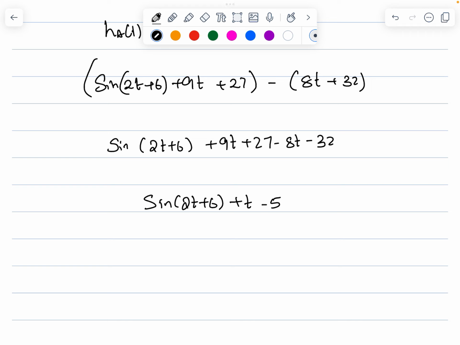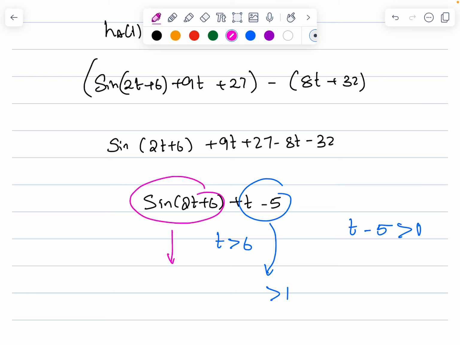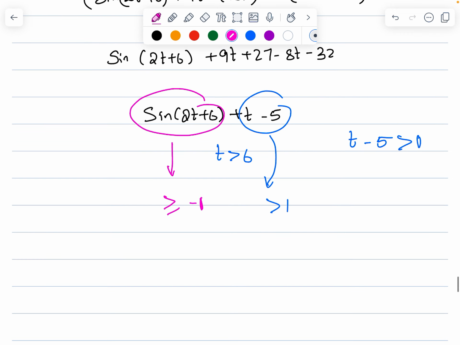Now, we know that t is greater than 6. If t is greater than 6, t minus 5 will always be greater than 1. And sine's minimum value is minus 1, so sine is always greater than or equal to minus 1.